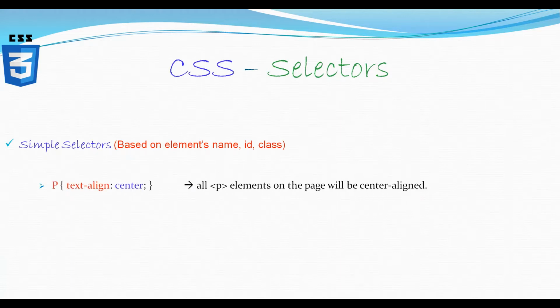So as you can see below, p, curly brackets, text-align colon center, semicolon, and closing bracket. So that declaration would apply to all of your p elements on the page, and all of those p tags or p paragraphs will be center aligned. And the p is basically the selector that is selecting your paragraphs.